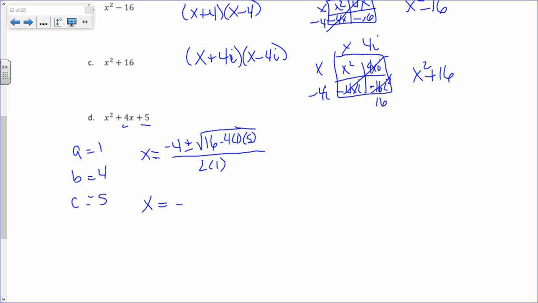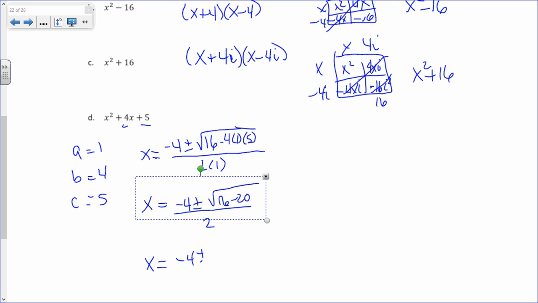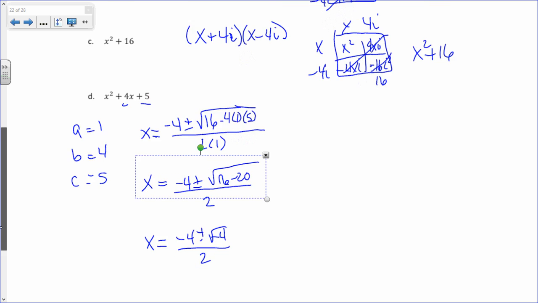So x equals negative 4 plus or minus the square root of 16 minus 20, over 2. So x equals negative 4 plus or minus the square root of negative 4, over 2.